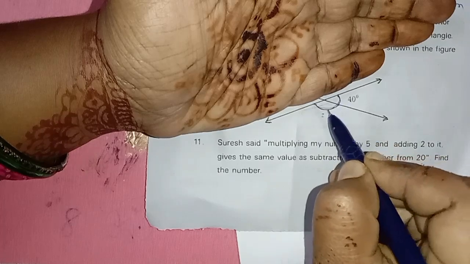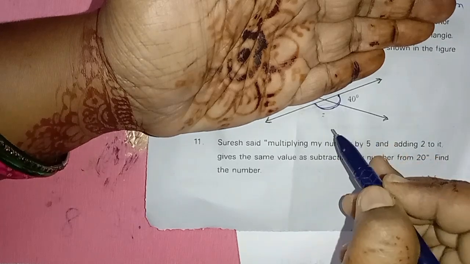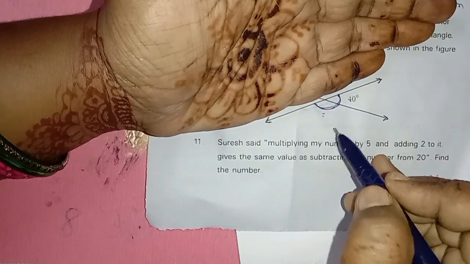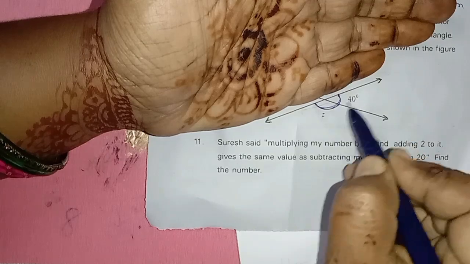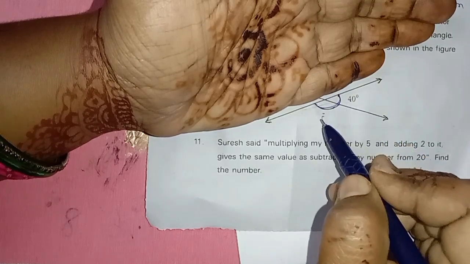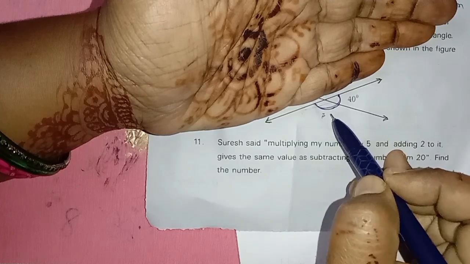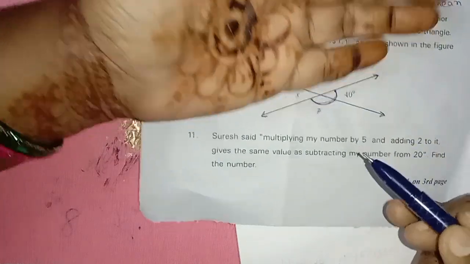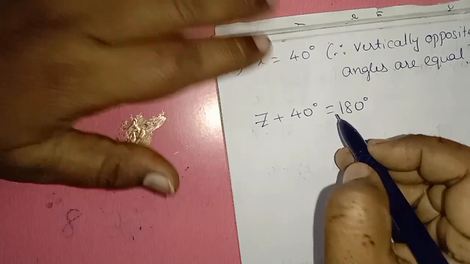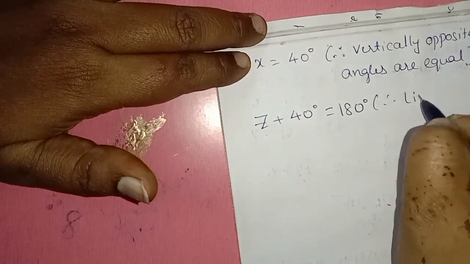From here to here it is 180 degrees, a straight angle. Or these two form a linear pair. 40 degrees plus z forms a linear pair. Linear pair is how much? 180 degrees. That property I am using. So it is a linear pair.